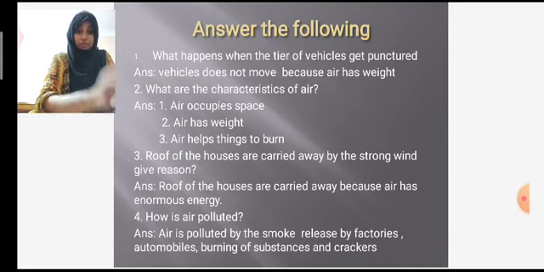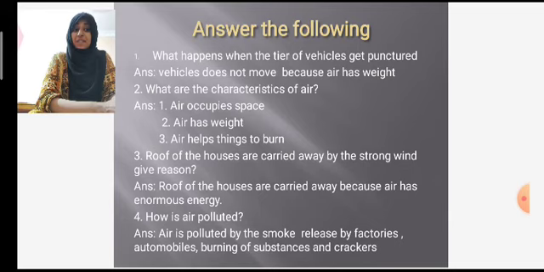Then next, how is air polluted? Air is polluted by smoke released by the factories. The smoke released by the factories goes into the air, and air is polluted. From automobiles, carbon dioxide is released and air is polluted.